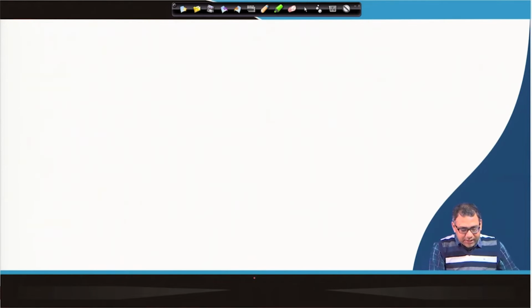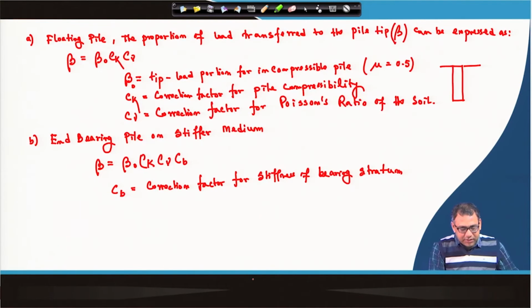So, this way I can calculate how much portion of the load is transferred to the tip of the pile when we apply a load on the pile. That means some portion is taken by the friction, some portion by the tip. So, this beta is the portion of the load transferred to the tip.